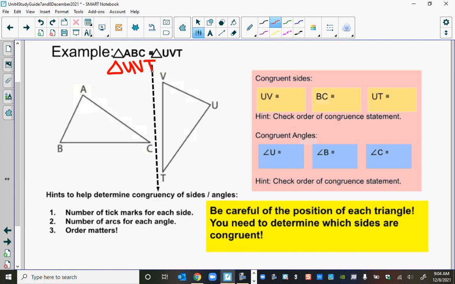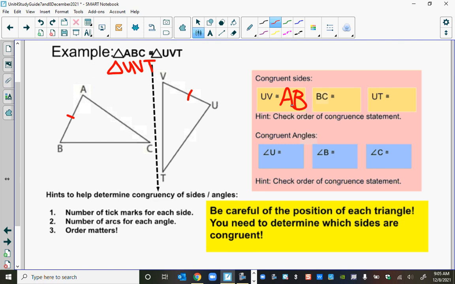So for this one, UV, which side is UV going to match with over here? I'll give you a hint. Look at your triangle congruence. Look where the letters U and V are located. That's going to match up with AB. That's right. Okay, which side's going to match up with BC?